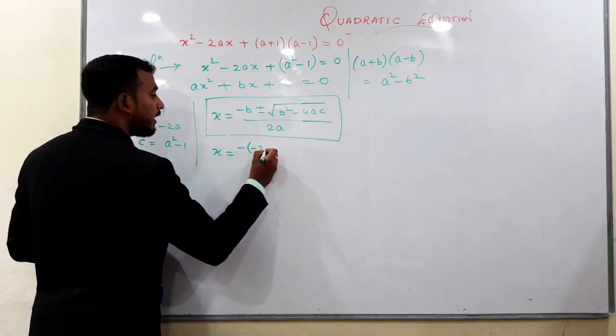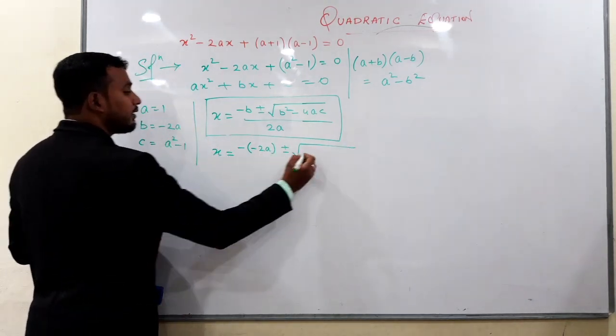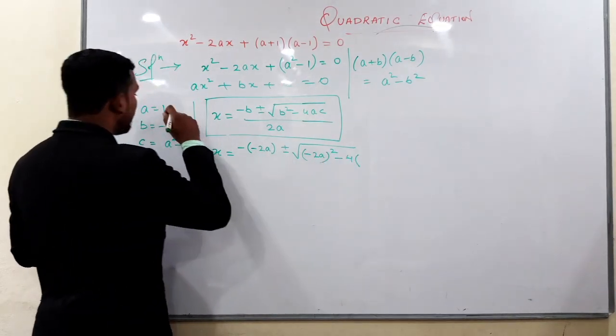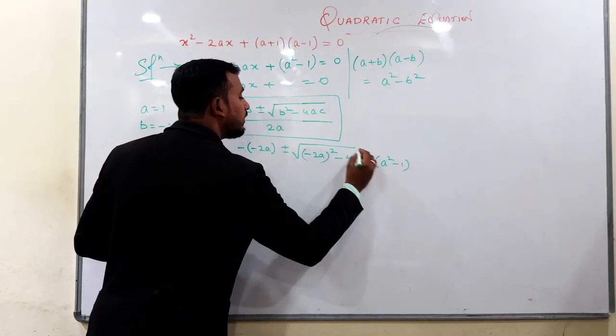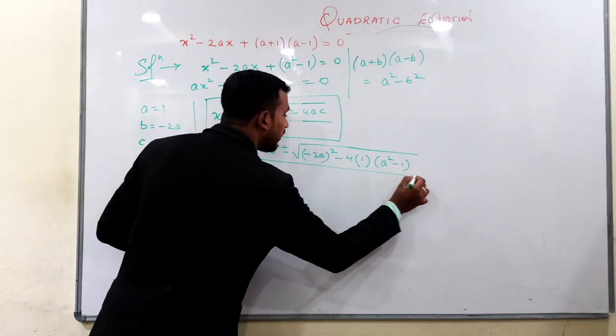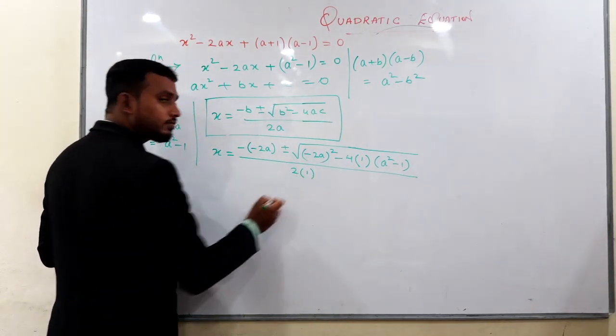So -(-2a) ± √((-2a)² - 4(1)(a² - 1)). This should come till here, and it is all divided by 2(1).